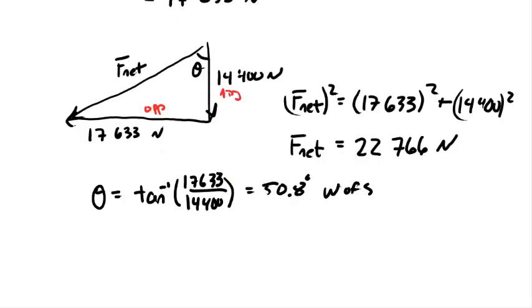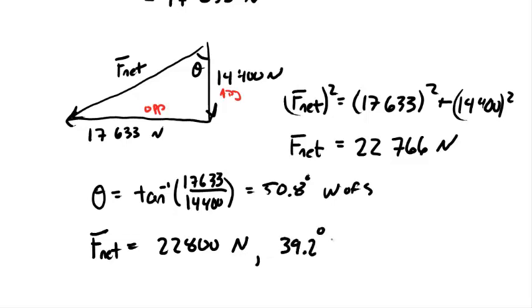And so I'm going to rewrite the statement and say my net force is 22,800 newtons, using significant digits, and maybe I'll use a smaller angle and call this 39.2 degrees south of west.